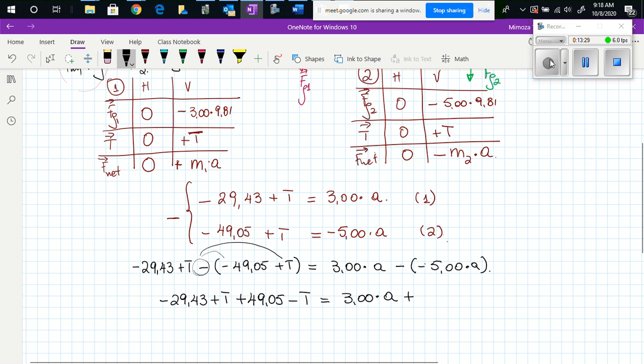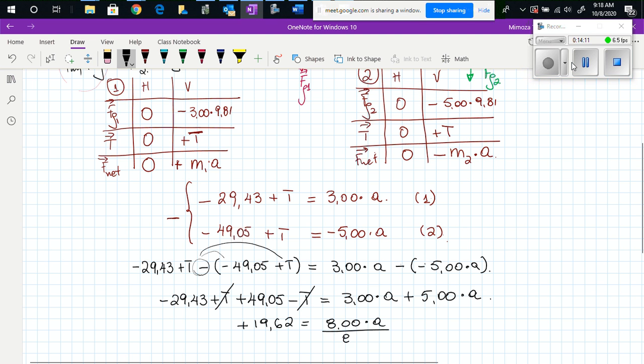Negative and negative will be positive 5.0 a. So now the positive and the negative T cancel out, and then what we have is negative 29.43 plus 49.05, which will be positive 19.62, equals 8a.